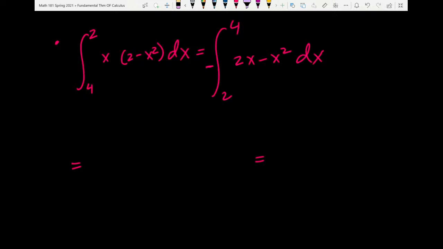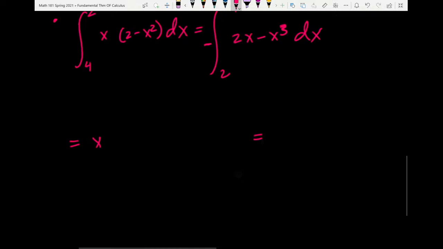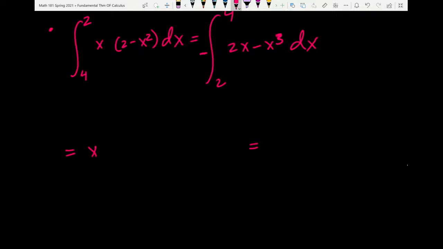All right, so if you look at the antiderivative of that, you will get, oh, sorry. What am I doing? I made it 2x, sorry. This would be x to the third. So now, the antiderivative is x minus x to the 3 over 3, and we're looking at it from 2 to 4.